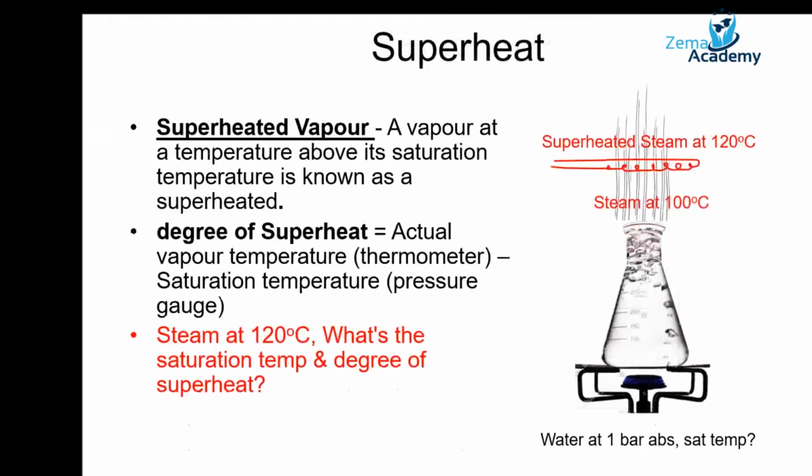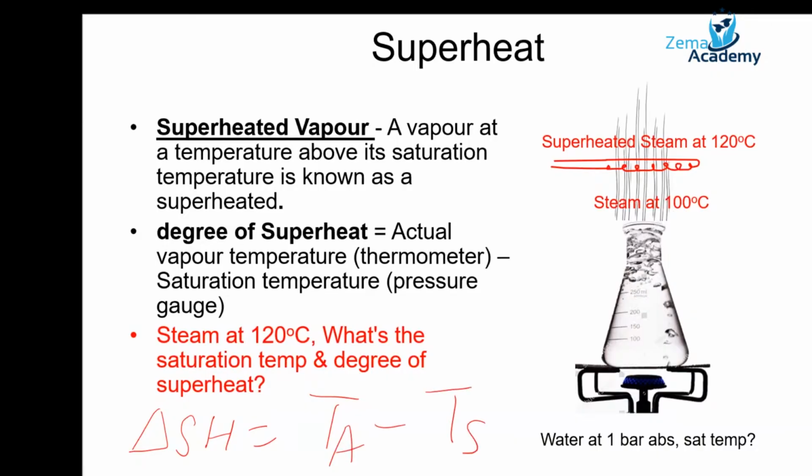Other terms that we will come across is superheated vapor. The superheated vapor is referring to the temperature above the saturation temperature. And we can actually calculate our degree of superheat: degree of superheat is equal to actual temperature minus Tsat.